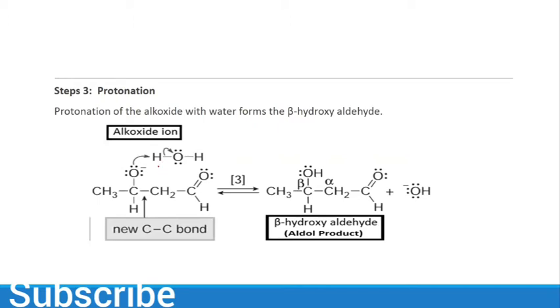Now we will have protonation of this oxygen with water, and we have an OH group on this beta carbon, and then we have the beta hydroxy aldehyde, which is our aldol product, because we have an alcohol group and an aldehyde group on the same molecule. This is the aldol product. It is not the end product.